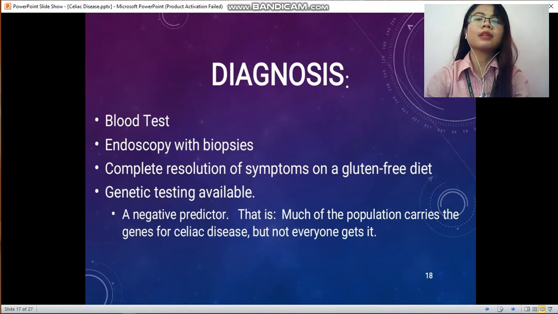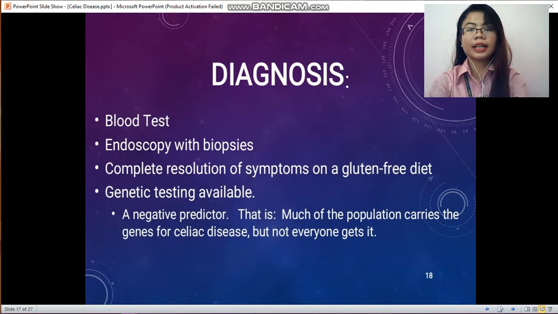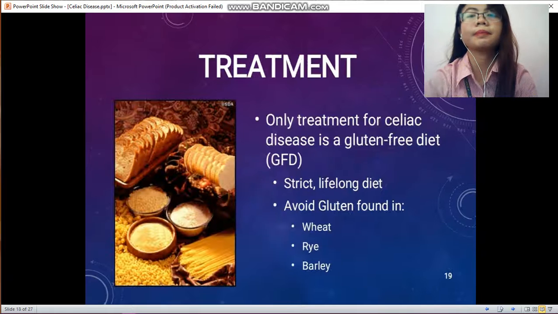Then for the diagnosis, we have the blood test, endoscopy, complete resolution of symptoms on a gluten-free diet, and genetic testing available. A negative predictor: much of the population carries the genes for celiac disease, but not everyone gets it.